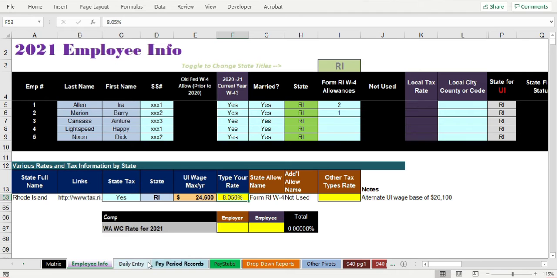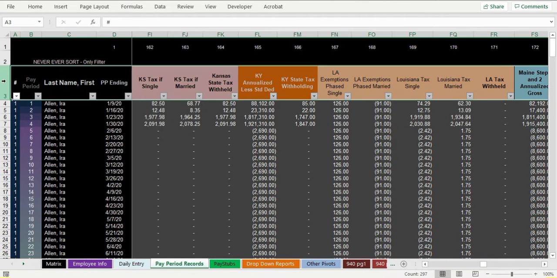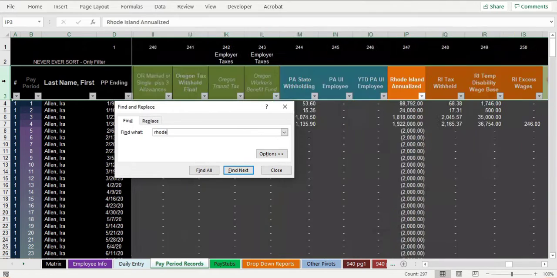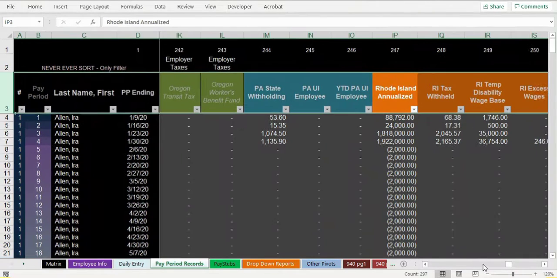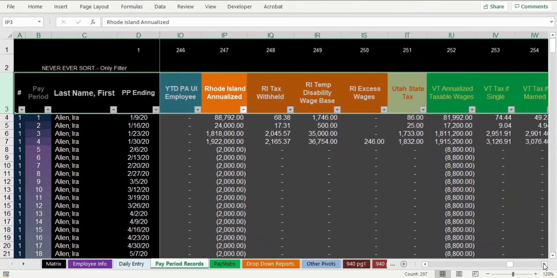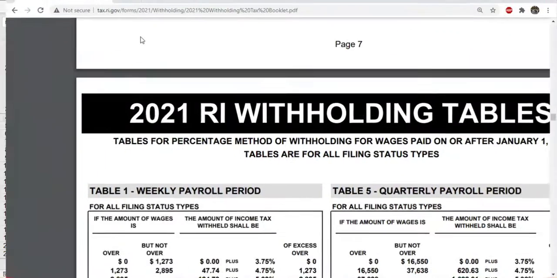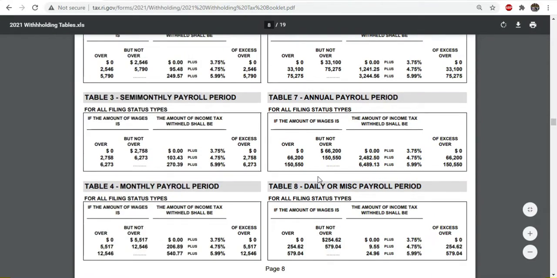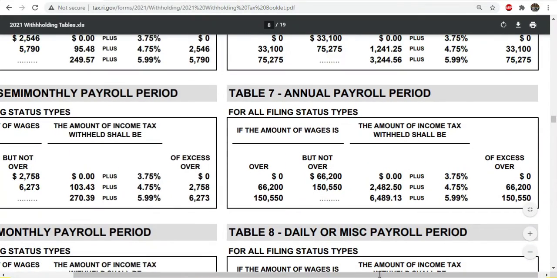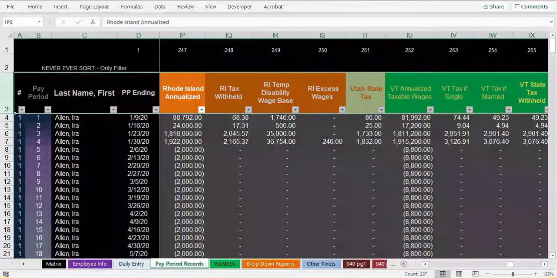So once you get your Rhode Island allowances in there, how would you calculate the tax? The answer is it's not too bad. It's nice that you didn't have to grab any filing statuses or anything. There's only really one table that you need, and it's pretty quick and easy. It's this table right here. You're going to annualize the wages, and once you annualize the wages, you're going to figure out how many allowances they took and multiply that by 1,000 and subtract it from the annual wages.